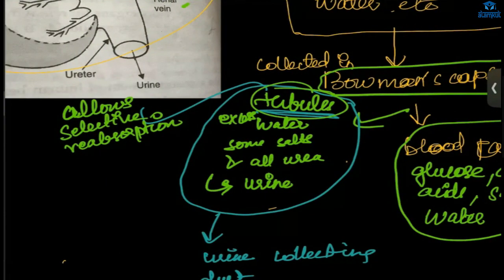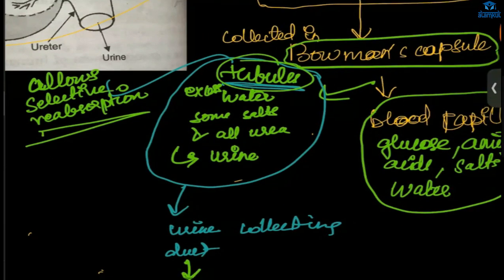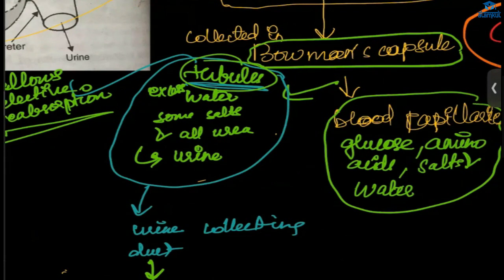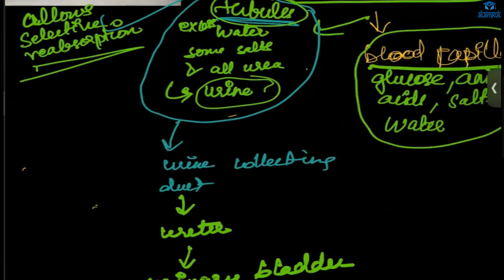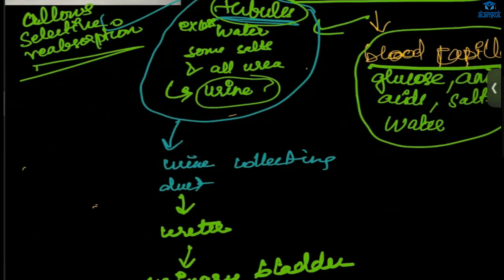Next we have the tube-like structure, the tubules. It will allow selective reabsorption. The useful substances like glucose will be absorbed by the blood capillaries. The useless substances will be collected in the tubules, that is excess water, some salts, and all the urea. Those things will form urine and be collected in the urine collecting duct.